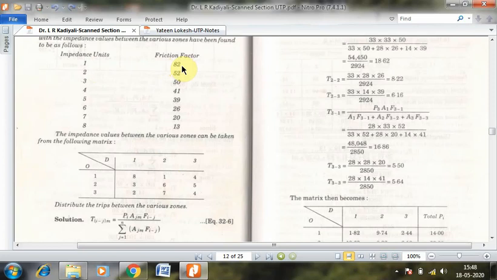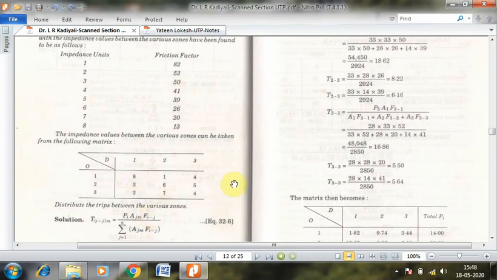So when you are using this equation, you have this friction factor between I and J. If you consider the friction factor for zone 1 and zone 3, the impedance unit is 4. Corresponding to this impedance unit 4, whatever friction factor you get, that is 41, needs to be substituted here.